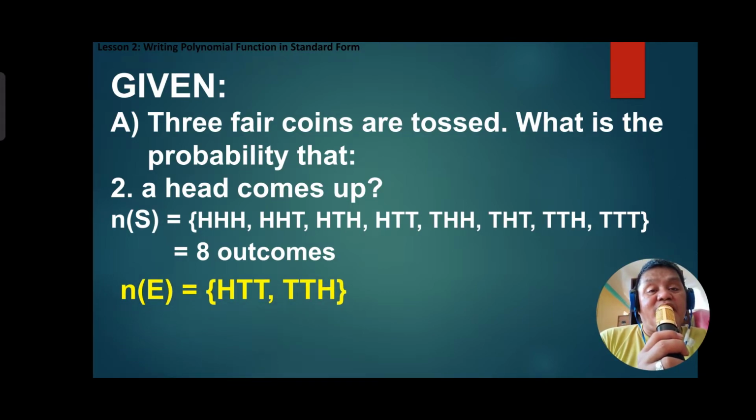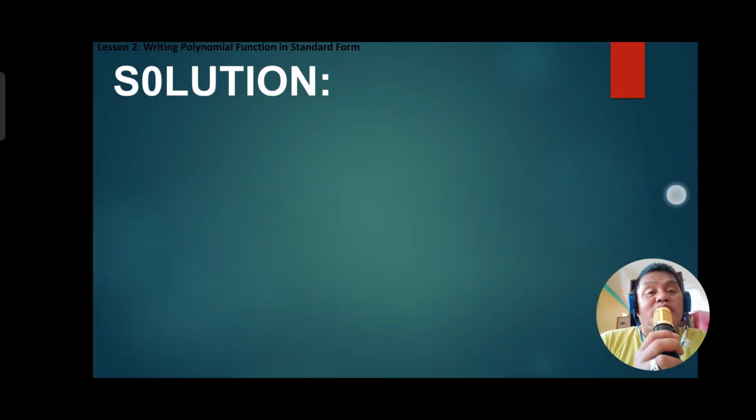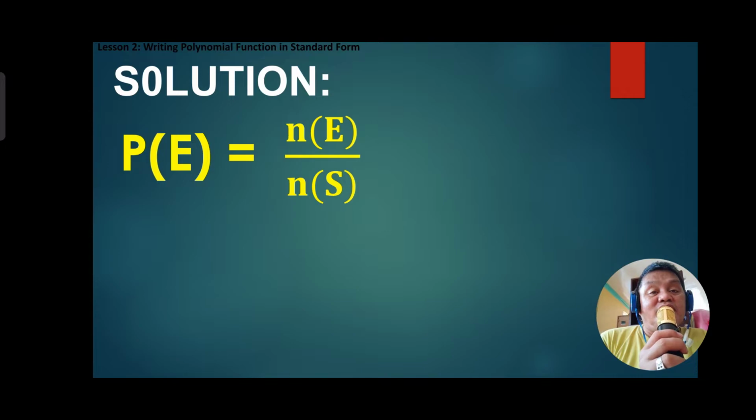Then we find the number of outcomes in the event, which is a head comes up. So we have head tail tail, and we have tail tail head. So there are 2 outcomes where a head comes up. We're going to use now the formula: the probability of a head coming up is equal to the number of outcomes in the event over the number of outcomes in the sample space.